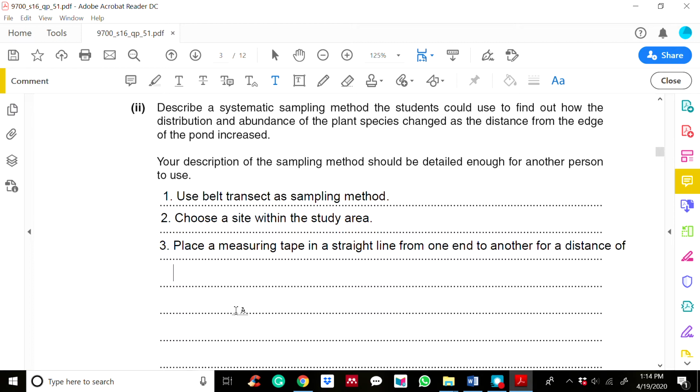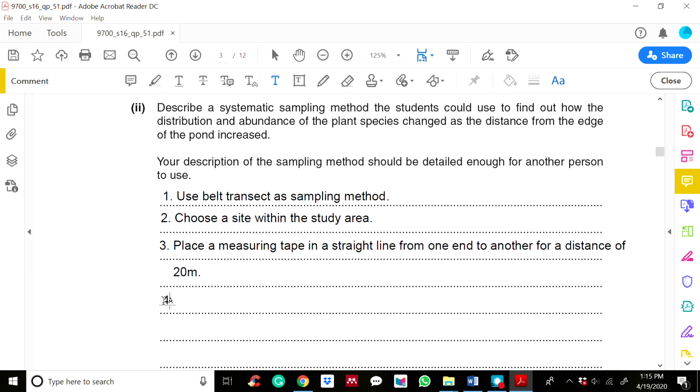You place the measuring tape in a straight line from one end to another for a distance of, let's say, 20 meters. The minimum distance for the measuring tape to be placed in a straight line is 10 meters.